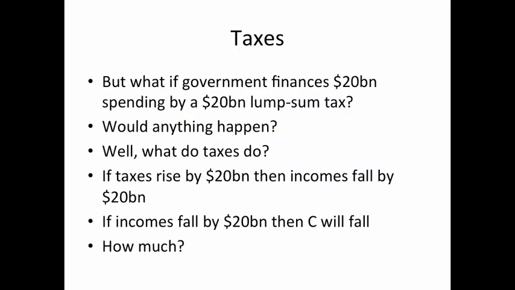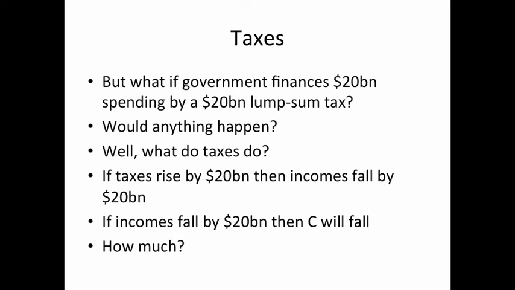So that analysis assumed that the $20 billion government spending wasn't financed through taxation. But if the government goes out and spends $20 billion, that money's got to come from somewhere. So what if we assume the government finances that $20 billion in spending by providing a $20 billion lump sum tax, so one-time tax? What would happen?